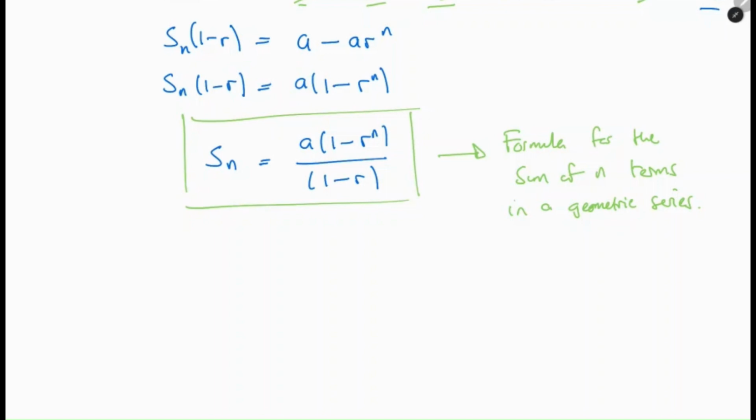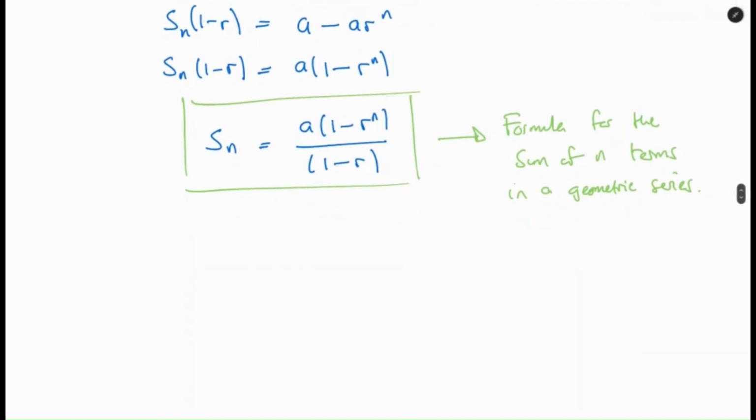Okay, before I close off this lesson, there's another useful formula which I wanted to show you, and it's similar, in fact exactly the same as in the video with arithmetic series. It's another formula which can be useful in problem solving. So what do we know? We know this, right?